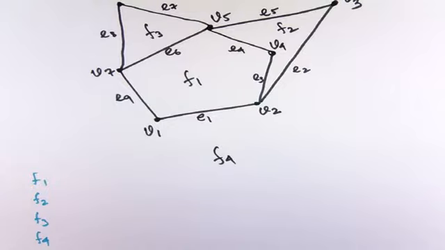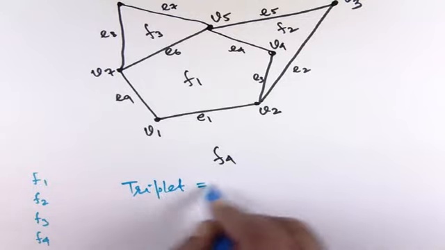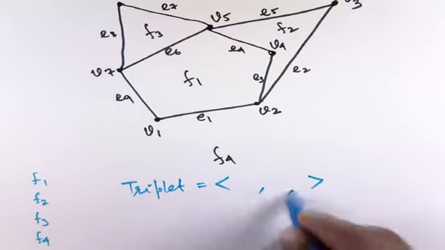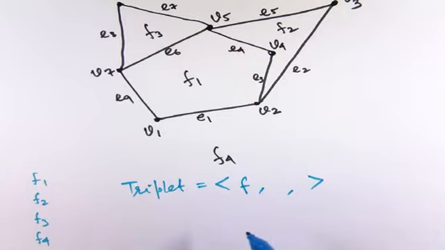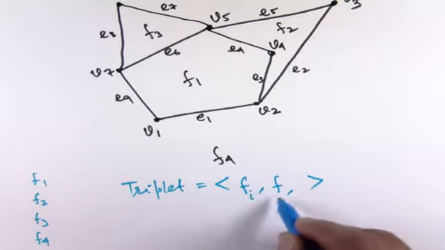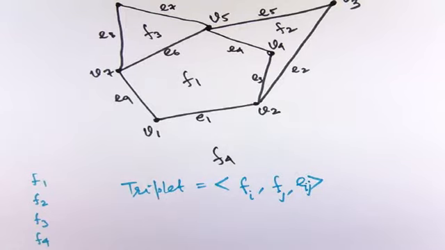So you have a triplet, right? 3-dimensional array means every element is a triplet. So what are these 3 components? The faces F1, F2, and the edge Ei between these 2 faces, or rather dividing these faces. So you may have multiple edges between 2 faces.